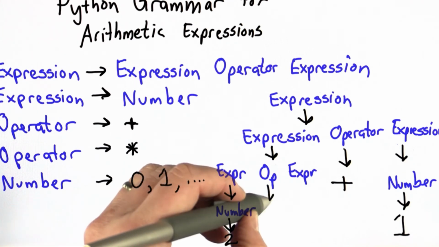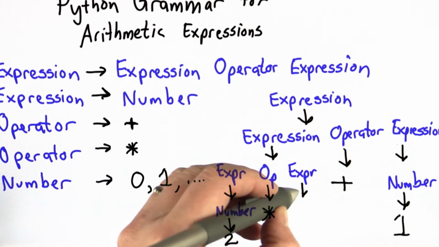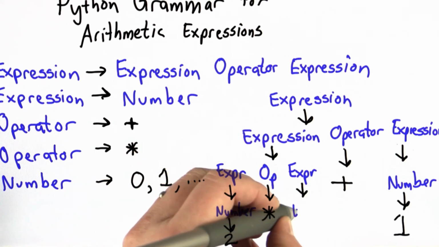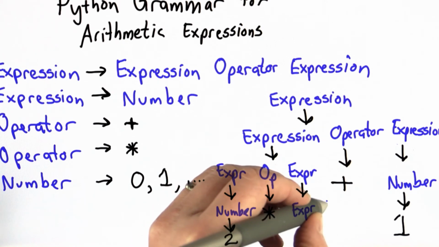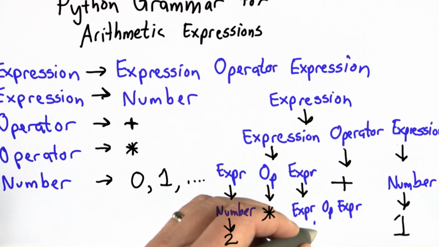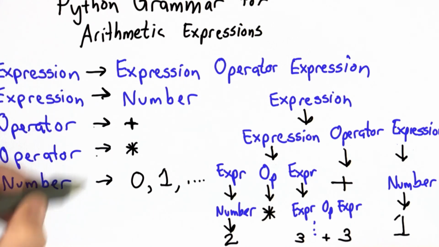We could replace this operator with the multiplication operator, and we could replace this expression with a number, or we could replace it with an expression, operator, expression. Let's do that and build increasingly complicated expressions this way. We can keep doing this. We're not done until everything's a terminal. So let's say we skipped a few steps here, but this could be 3 plus 3. So this is how we can build up complicated expressions from very simple rules.